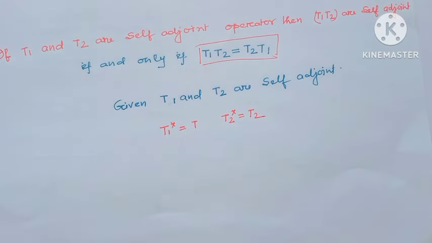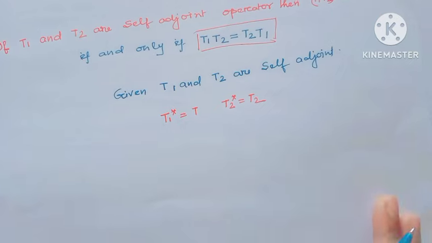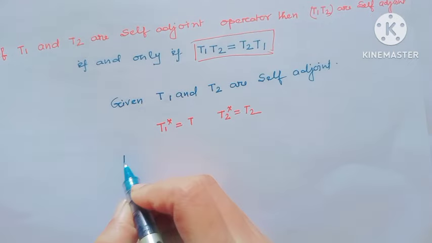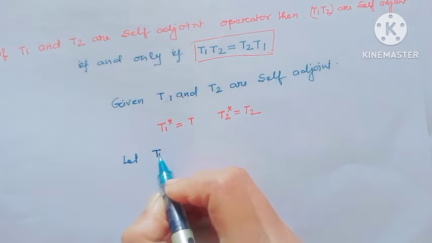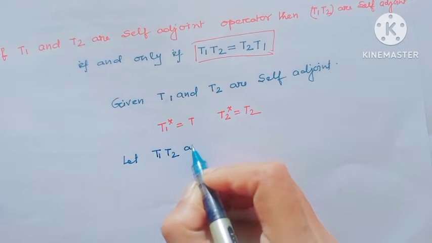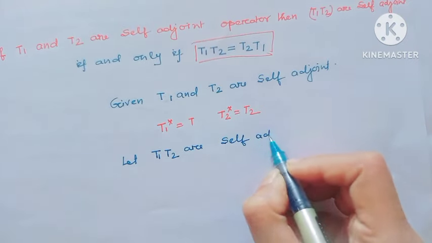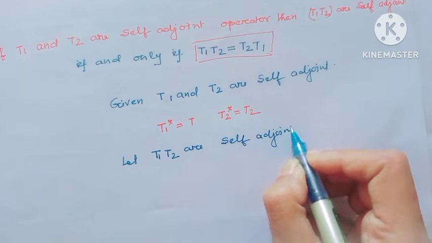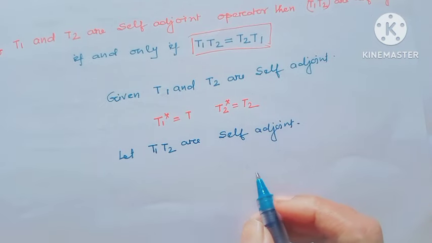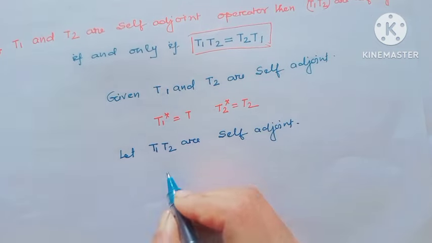Then we have to prove T1 T2 is self-adjoint, so let T1 T2 be self-adjoint.